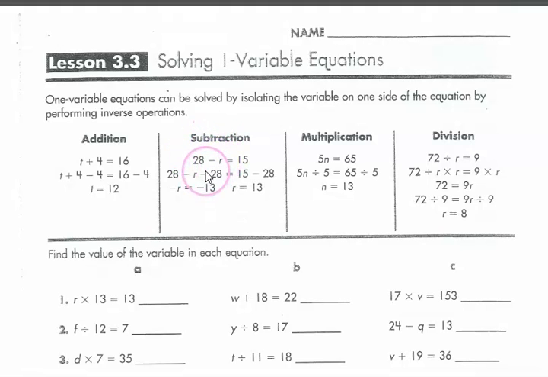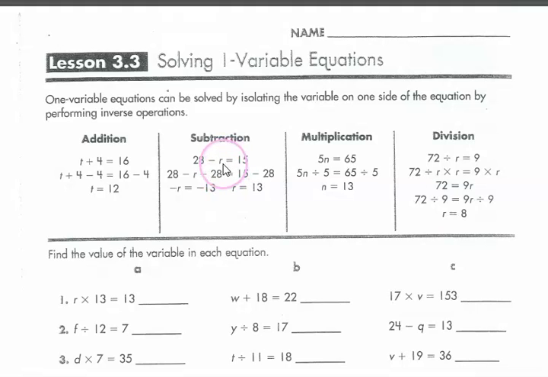Subtraction. Let's see what happens there. You have 28 minus r, that is your variable, equals 15. Again, you're going to do inverse operation. So what is the inverse of subtraction? It's addition. So you're going to add the r to both sides. Okay, they're doing it kind of the opposite way here.